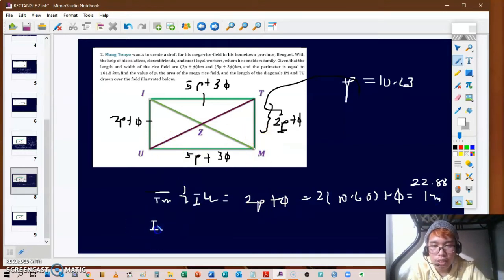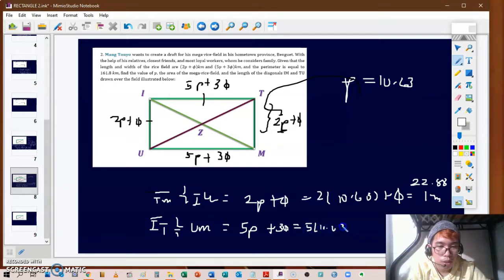For IT and UM, since they are parallel and congruent to each other, we can write here 5P plus 3Phi. So that's going to be 5 times 10.63 plus 3Phi, and that'll give you a value of 58 kilometers.